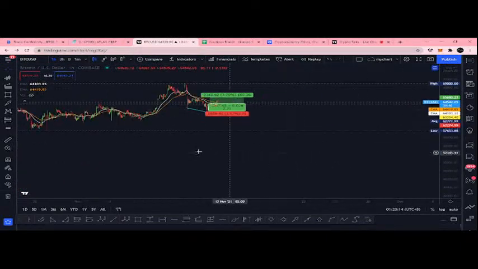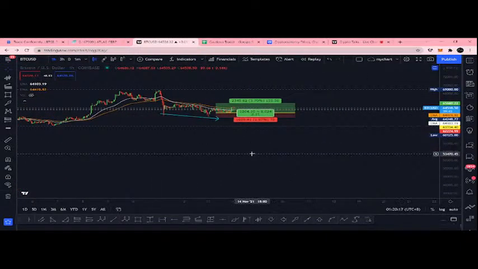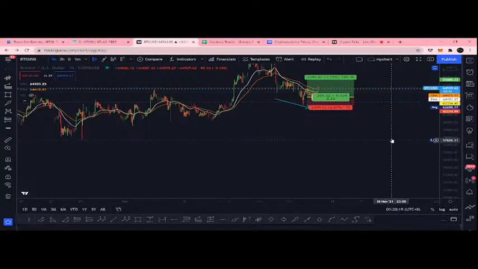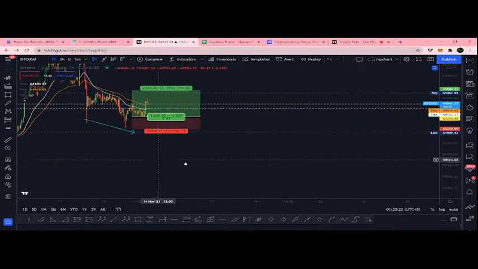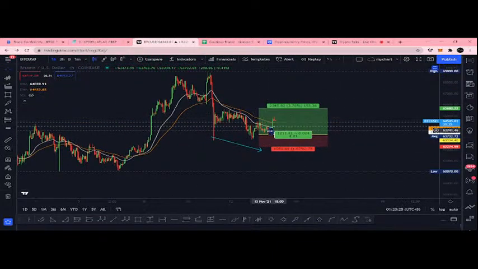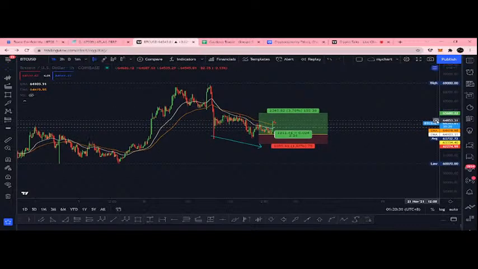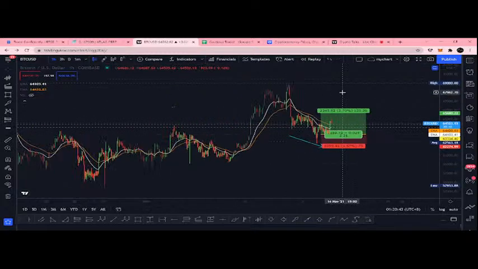I just forgot who it is, but yeah, during that time there is a bullish divergence, and then it retested and broke out. I think it could possibly retest that 66,000, 65,600, and break out to 69.